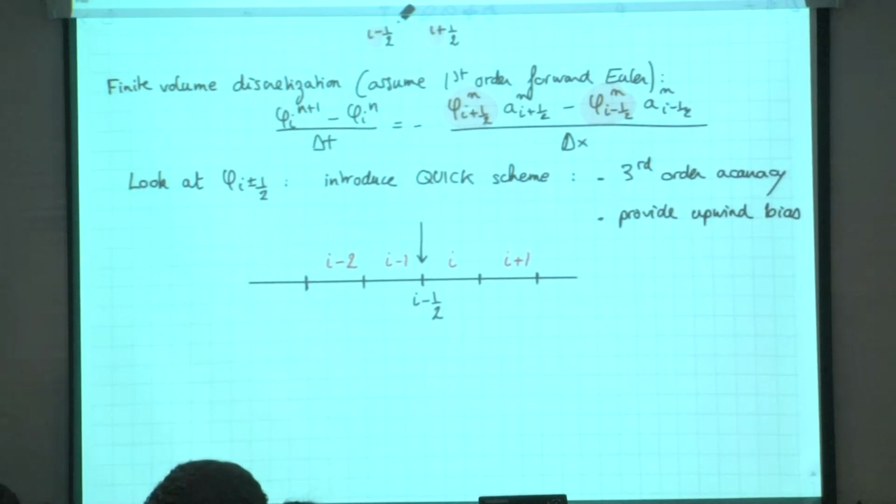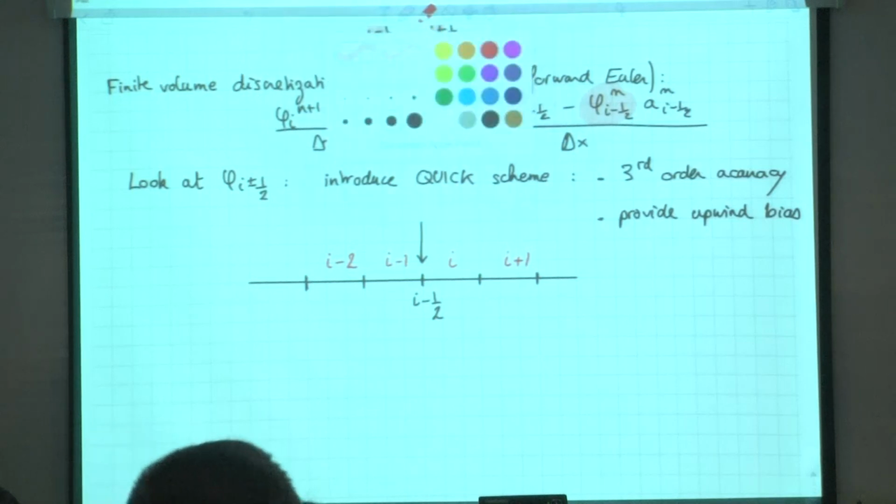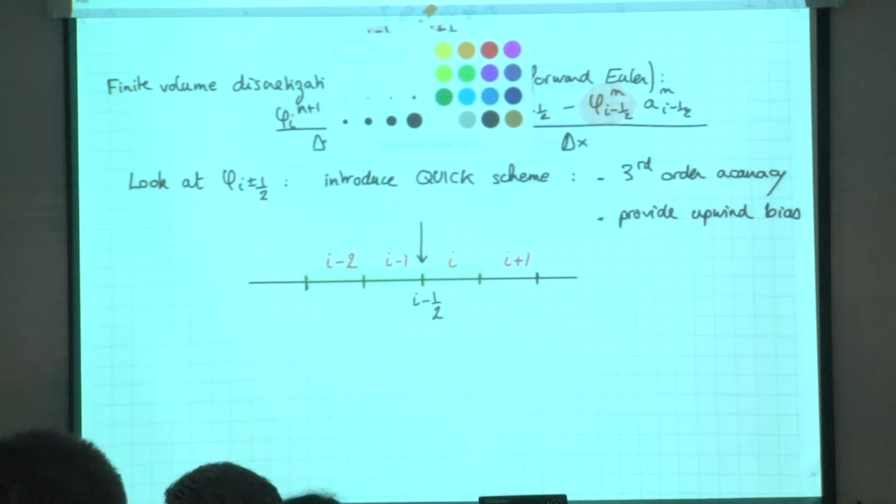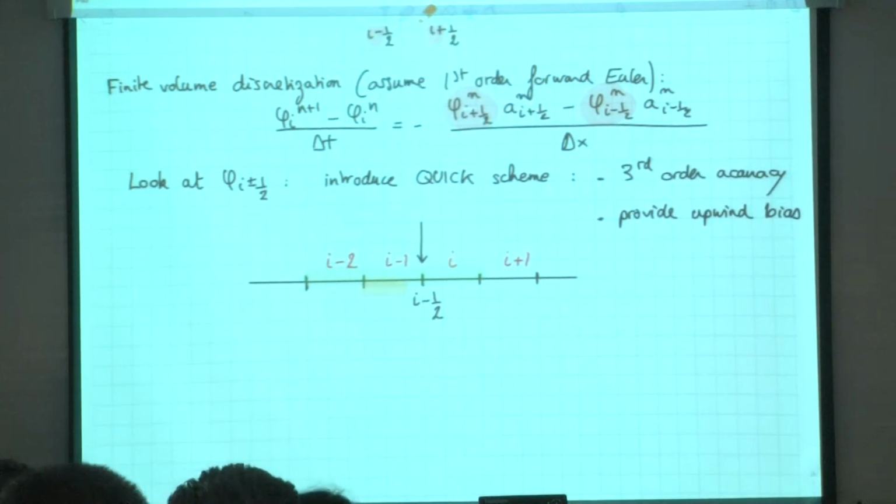I can introduce a green stencil, which would be using the 3 points on the left, or I could use the orange stencil, which would be using the set of rightmost 3 points.